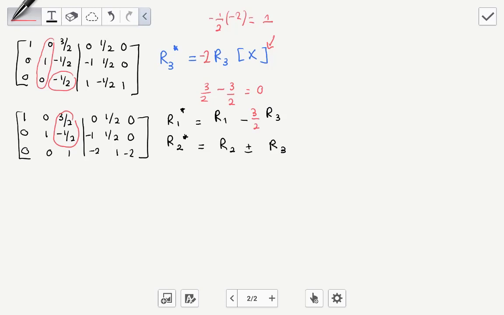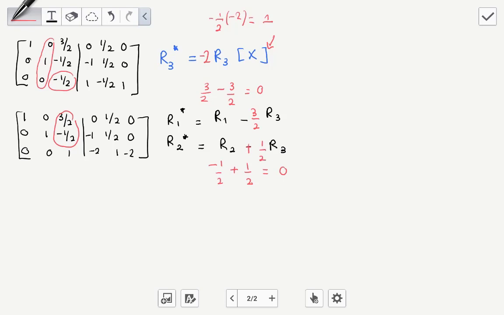R1 minus 3 over 2 R3. Okay, next we look at R2. The element on R2 is negative 1 over 2. I have to obviously add 1 over 2, so I get 0. Operation chosen is add, so minus is no more there. Okay, so it's going to be plus. Okay, we're going to plus with 1 over 2 R3.